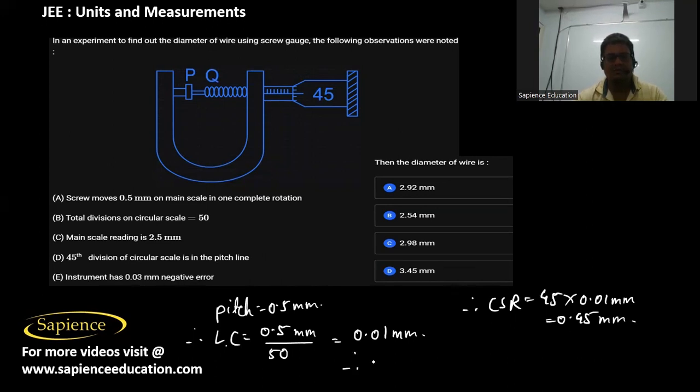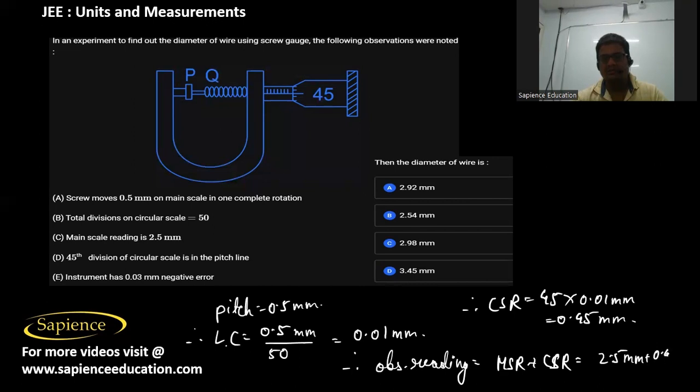So therefore the observed reading, or I can say the calculated reading, is main scale reading plus circular scale reading. So main scale reading is 2.5 millimeter plus 0.45 millimeter, that is 2.95 millimeter.